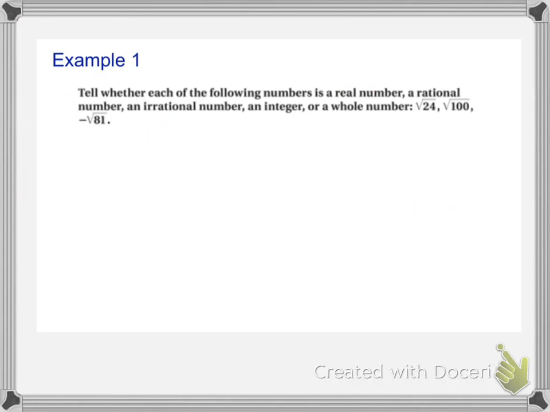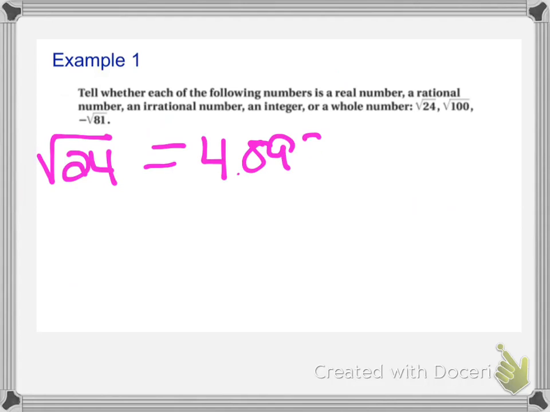Okay, for the first example, tell whether each of the following numbers is a real number, a rational number, an irrational number, an integer, or a whole number. The examples they give you are the square root of 24. The square root of 24 is 4.898979486.